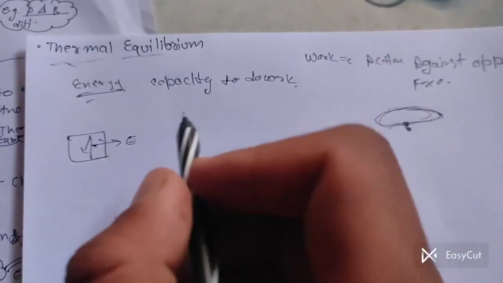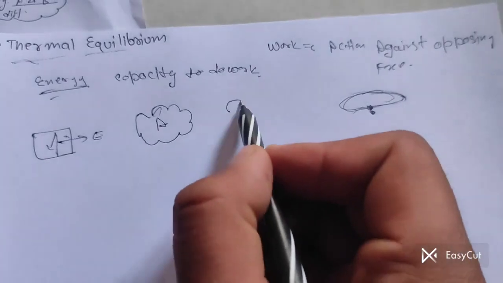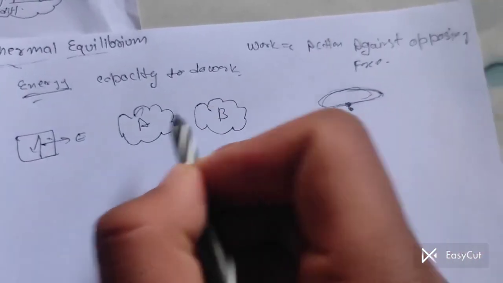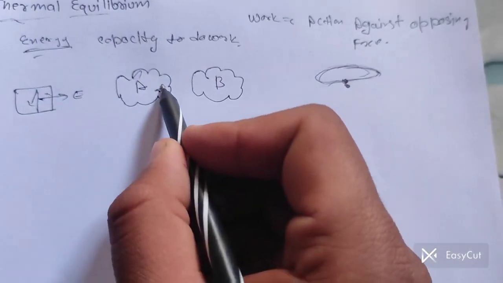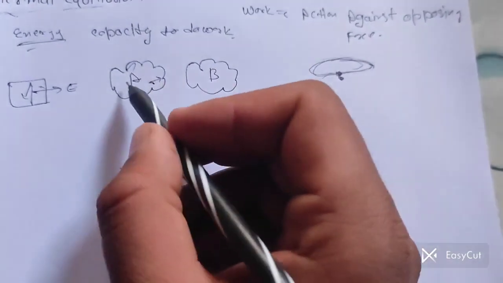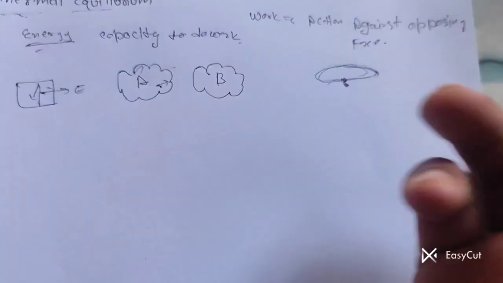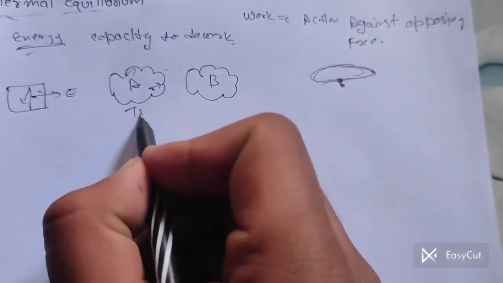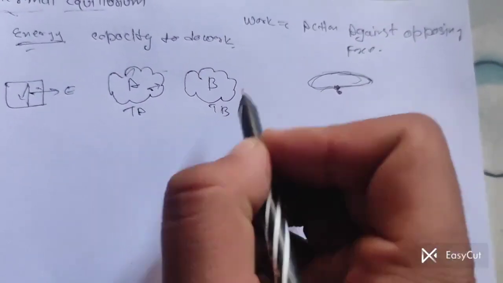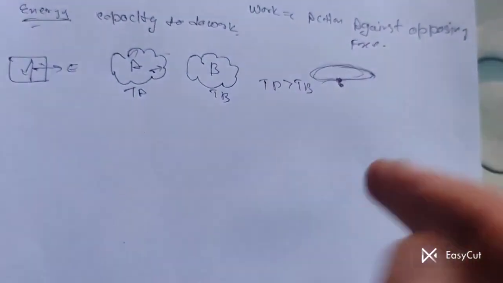So we have system A, this is our system. Second is system B. Both are closed systems, since closed means material neither goes out of A nor B. Suppose the temperature of A is greater than the temperature of B.